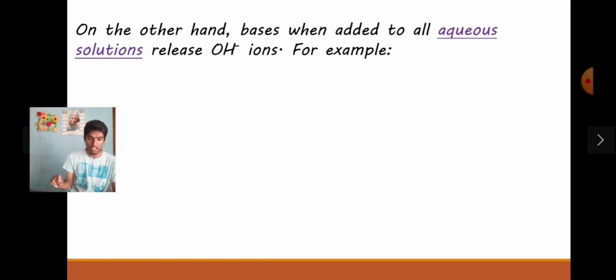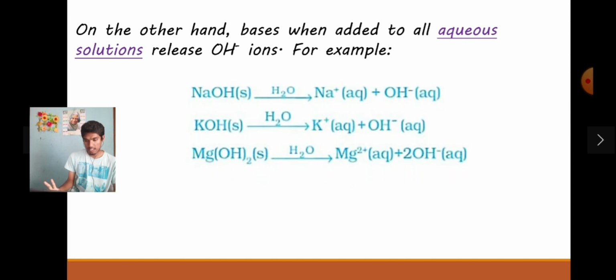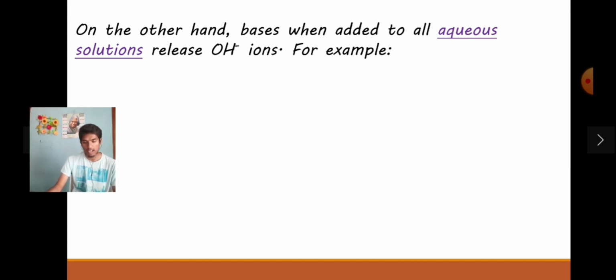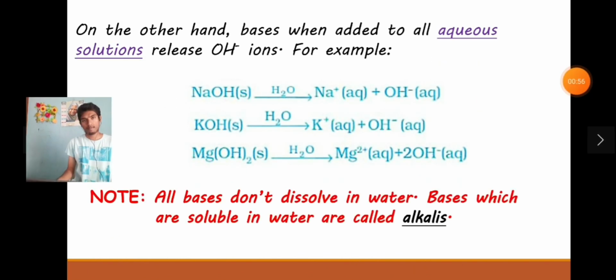So these are what are released when acids or bases are added to water. These three are examples. Here we see NaOH reacting with water to form Na+ sodium cation and OH- anion. Similar is the case with KOH and Mg(OH)2.